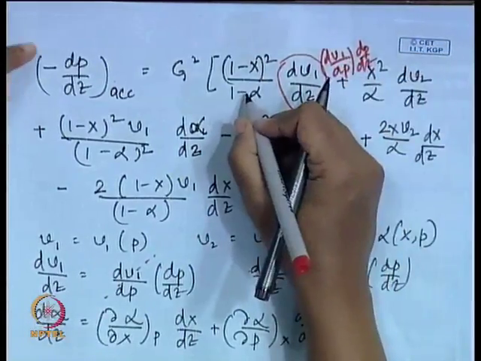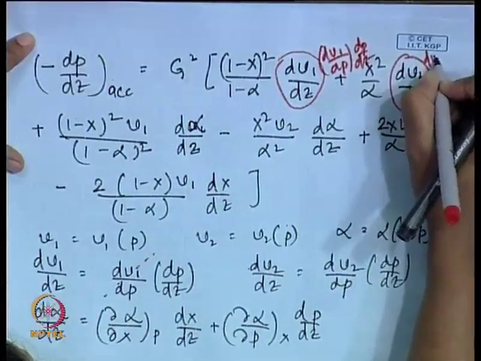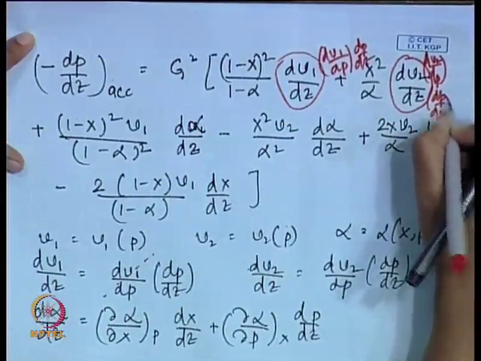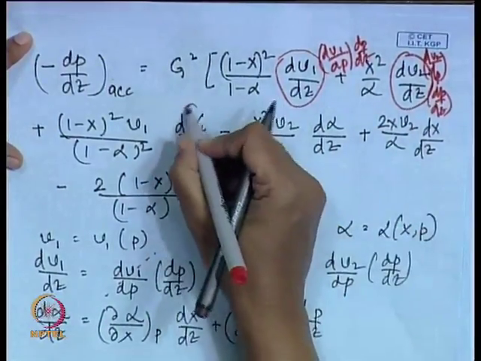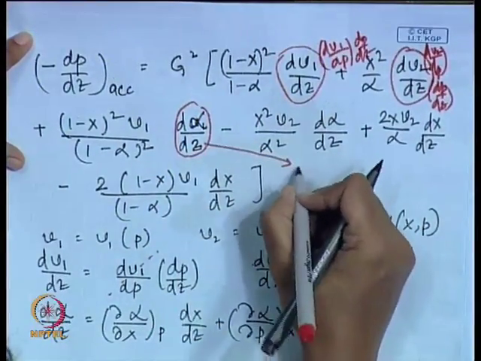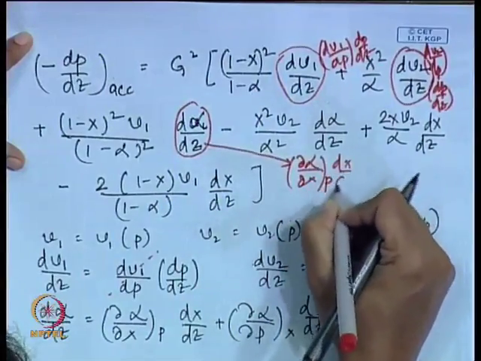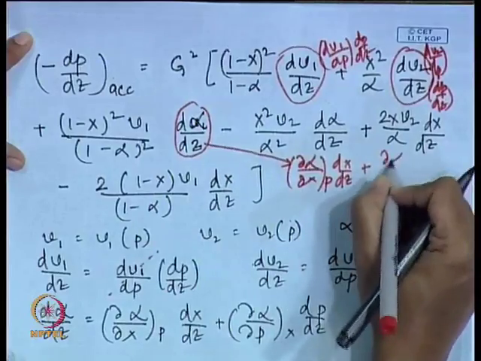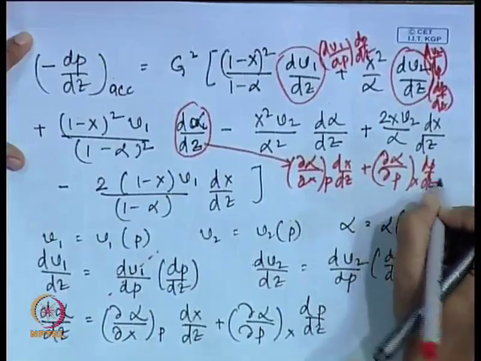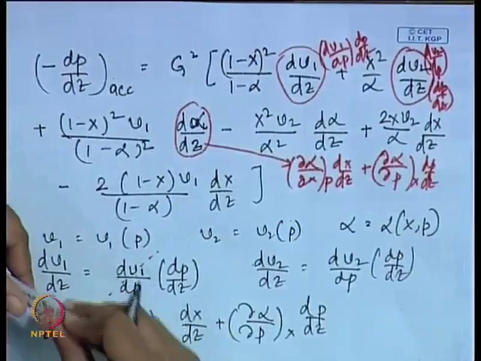So, this becomes a dp dz term. Instead of this, we can write dv2 dp into dp dz. And instead of d alpha dz, I can write del alpha del x at constant p dx dz, and again another dp dz related term. So, 1, 2, 3 dp dz related terms we get from here.